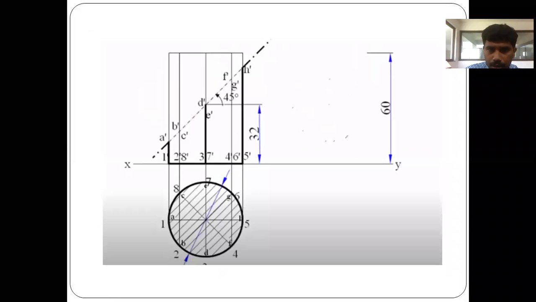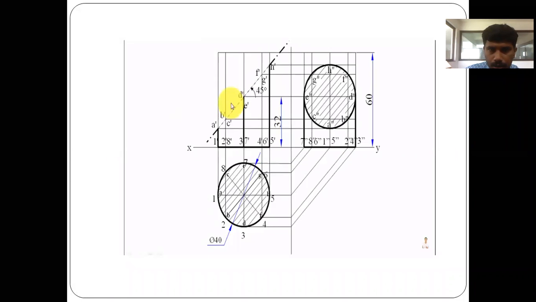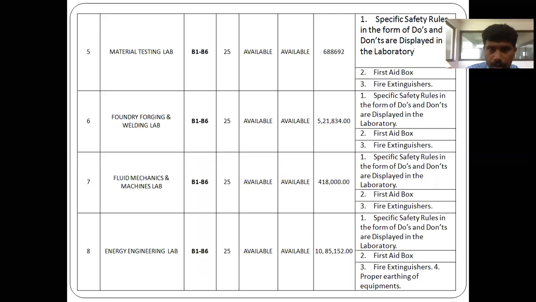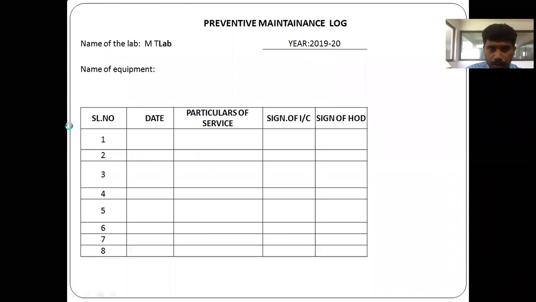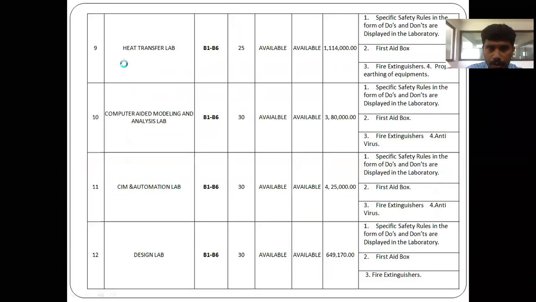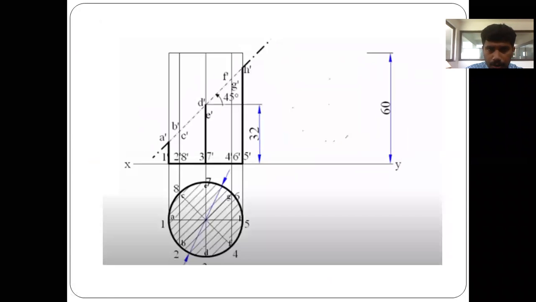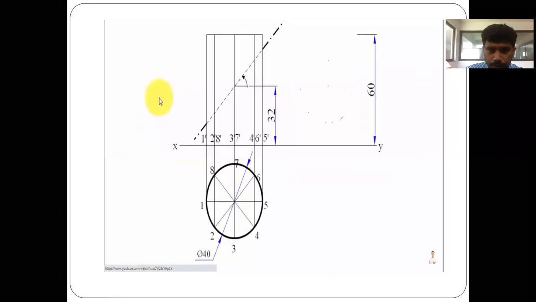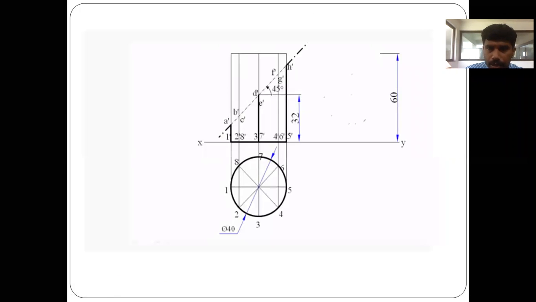after this you have to mark all the generators A dash, B dash, and C dash, D dash, E dash, F dash, G dash, and H dash.